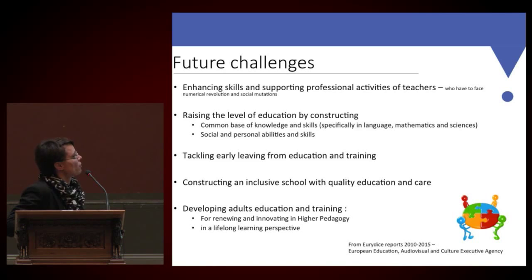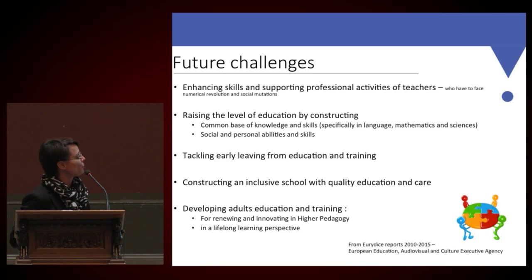Another point is raising the level of education for all the differences, for all the people, with the aim that all the people have the common base of knowledge and construct more than knowledge. They have to construct social abilities and personal abilities and skills because they are citizens, not just men or women. They are in a social environment.